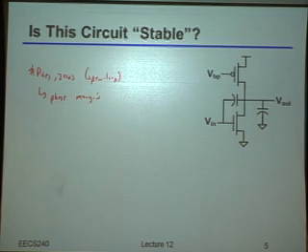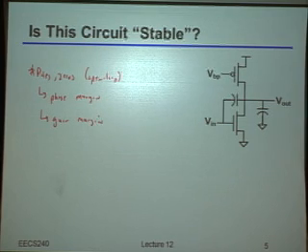What other kind of stability tests did you guys learn about? There's at least one other kind of margin that I'm sure you've heard of. Gain margin, okay. There's a gain margin. That's certainly true.